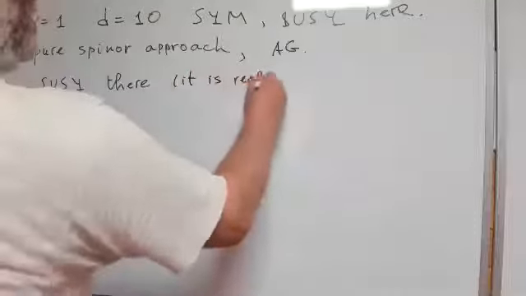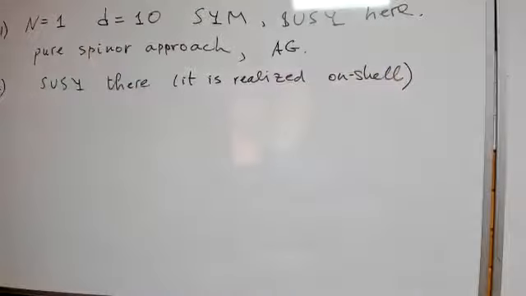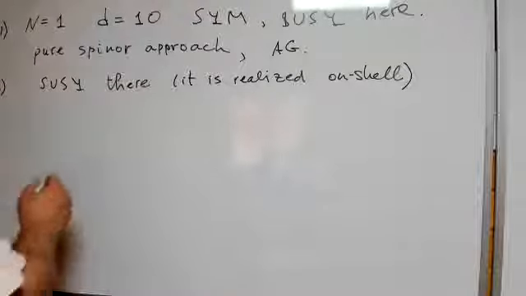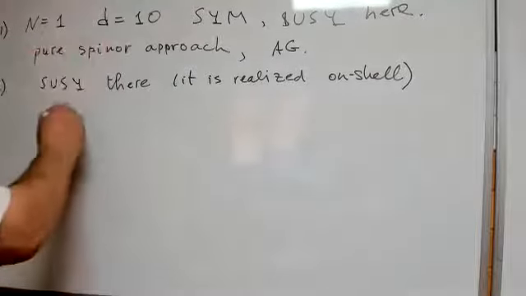on shell. By supersymmetry on shell, we mean the following. For any symmetry that is realized on shell, we mean the following.